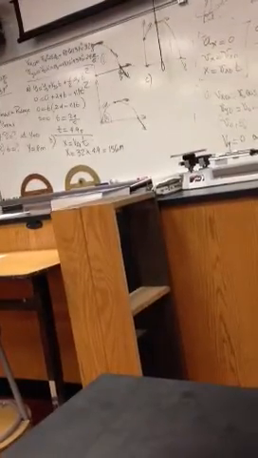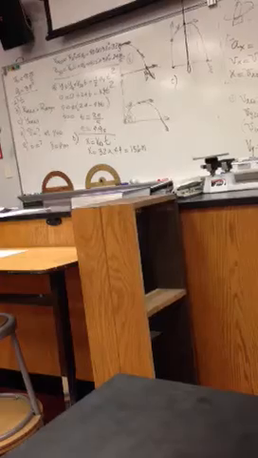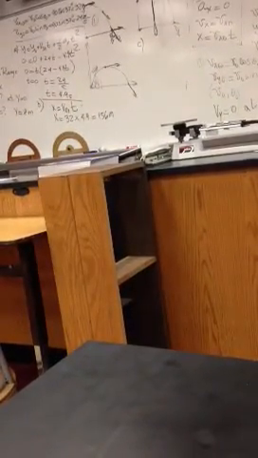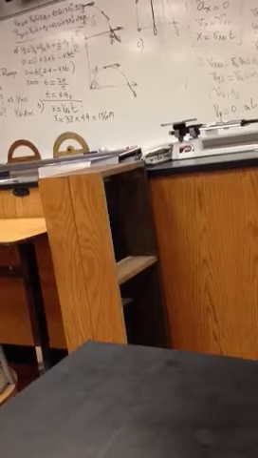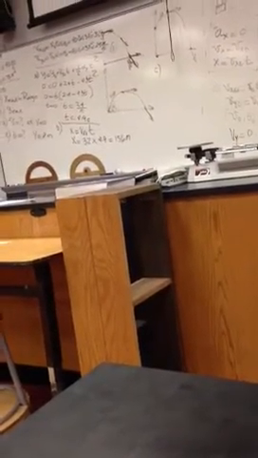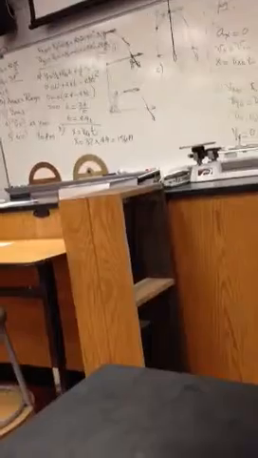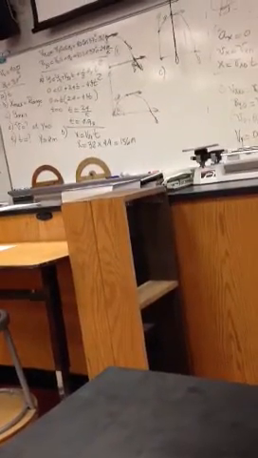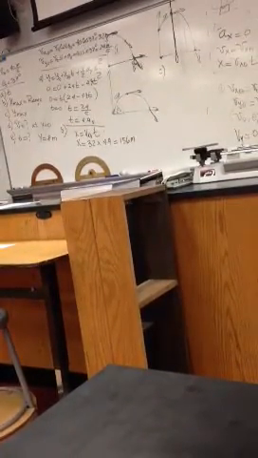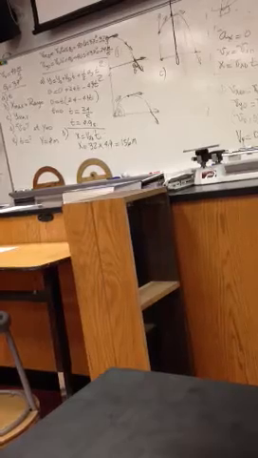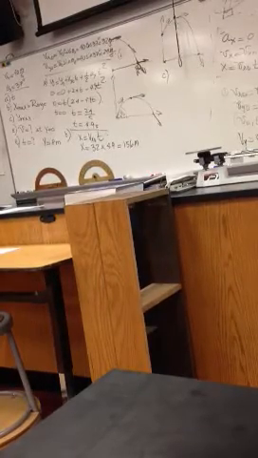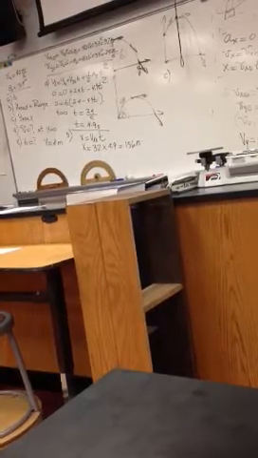VY is 0. If we have VY final at that moment, can we find an equation to find the maximum position? What is the equation that relates velocity and position? 1, 2, or 3? The third. Everybody can see that the third matches position and velocity.